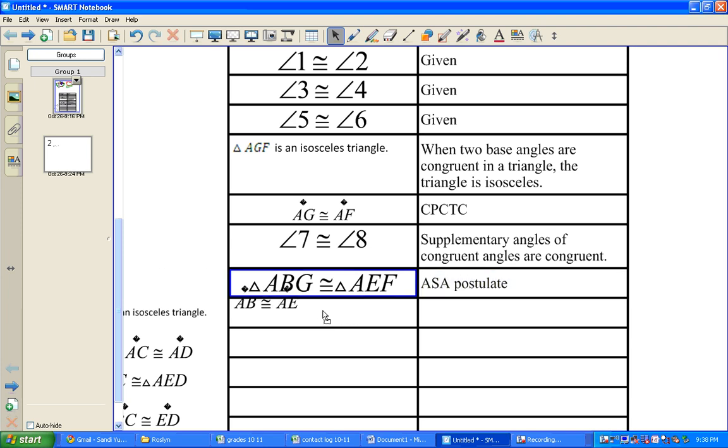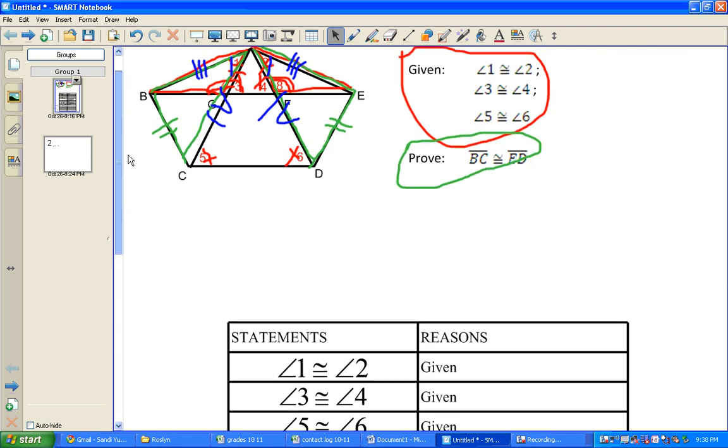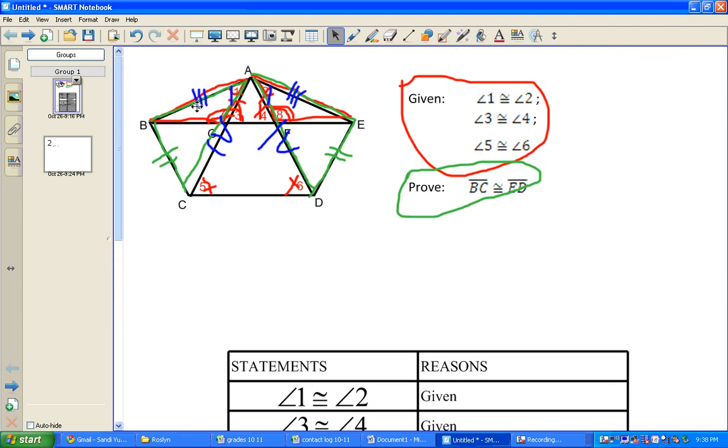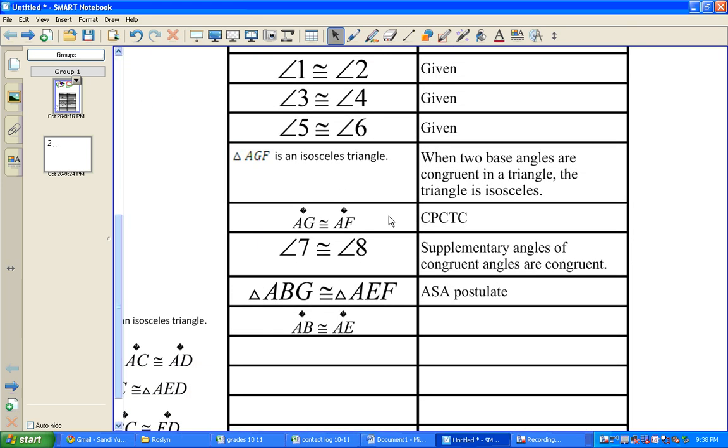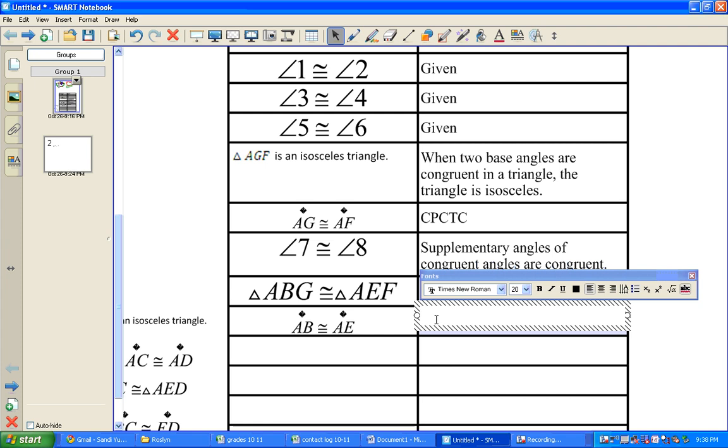Now, right after we prove that, we also show that AB must be congruent to AE. Right here, you see the blue one? AB must be congruent to AE. Why? Once again, the famous CPCTC.